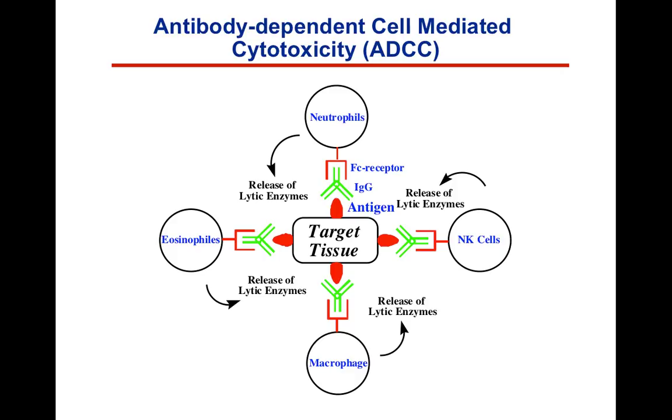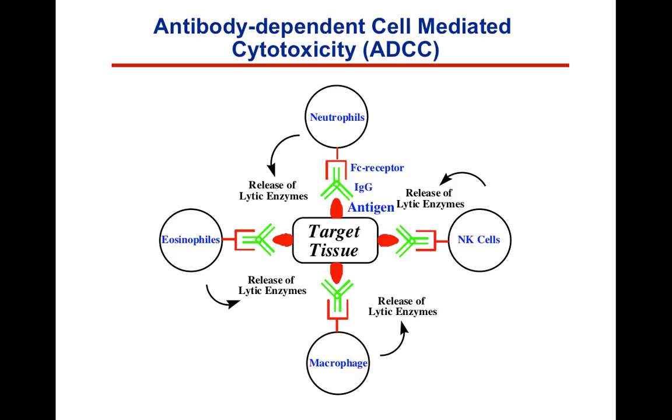So what you see here is an effector mechanism in which the antibodies direct the killing potential of these cells. And this killing potential, if they're small enough, may involve phagocytosis, but in a lot of cases it involves release of chemically toxic materials, and these generally are enzymes, although in some cases they can be reactive oxygen species or nitric oxide, that will go and kill the tissue, and it will cause apoptosis, programmed cell death in that tissue.